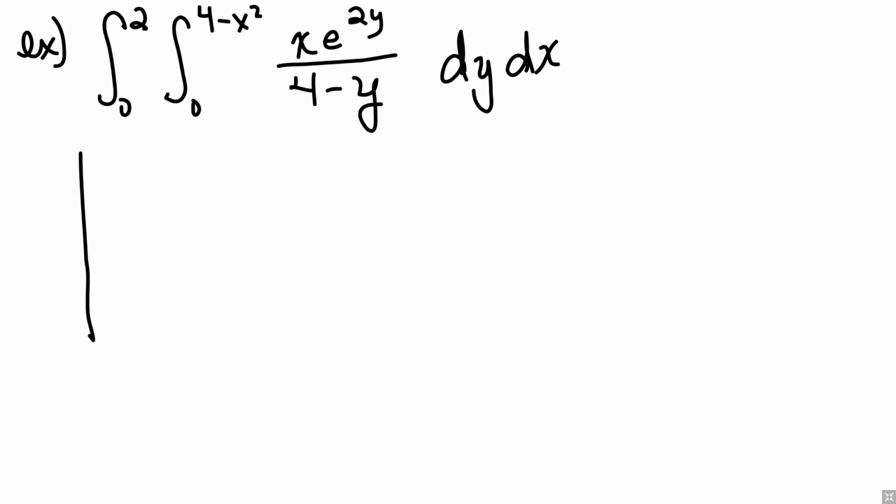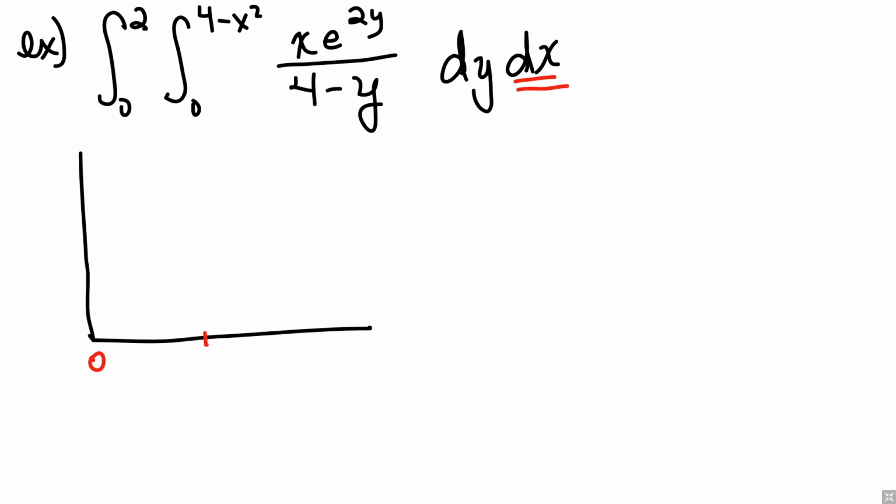If we take a look at sketching this graph, again, we want to start with the outer portion because it gives us the values for that particular variable. Since x is on the outside, x is going from what to what? 0 to 2.